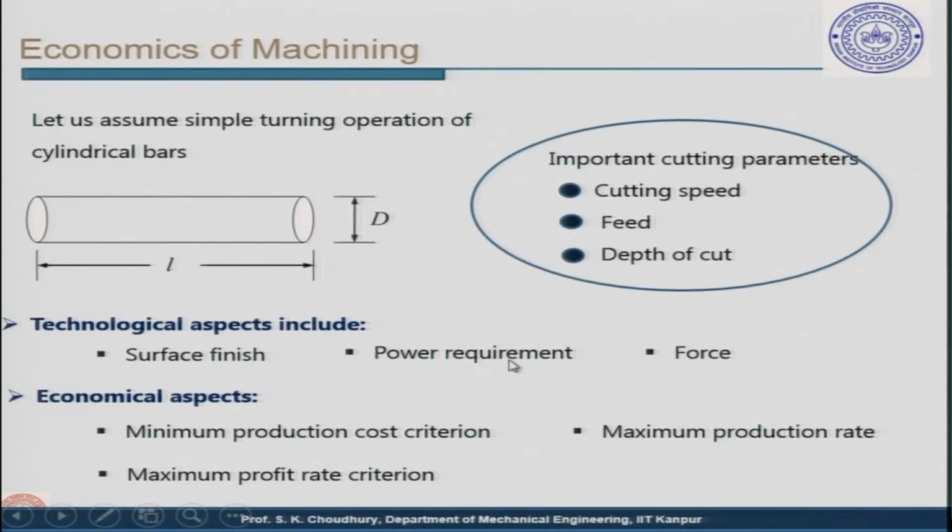What I discussed with you is that for each of these criteria, whether it is minimum cost, maximum production rate or maximum profit, you will have a certain optimum cutting speed, optimum feed and optimum depth of cut. Okay.